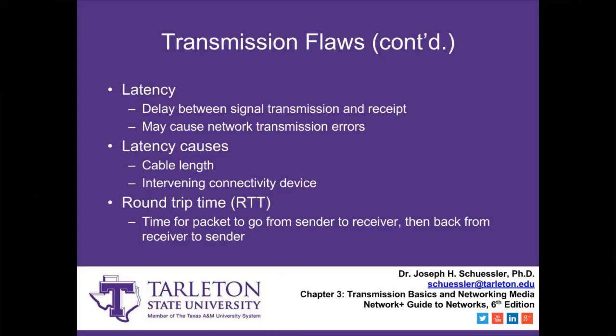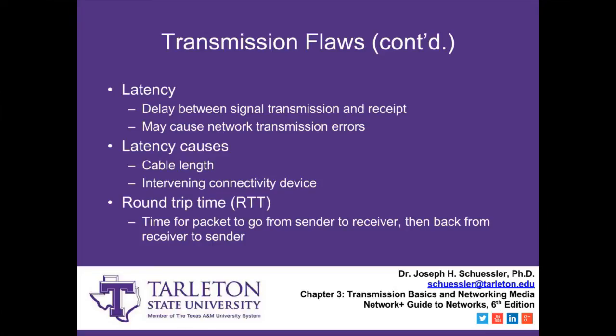Another characteristic related to transmission flaws is the concept of latency, the delay between signal transmission and receipt. It's not usually a big deal for a local area network because you're close, but as you get further and further away, the delay between signals tends to become more noticeable, and this is referred to as latency.